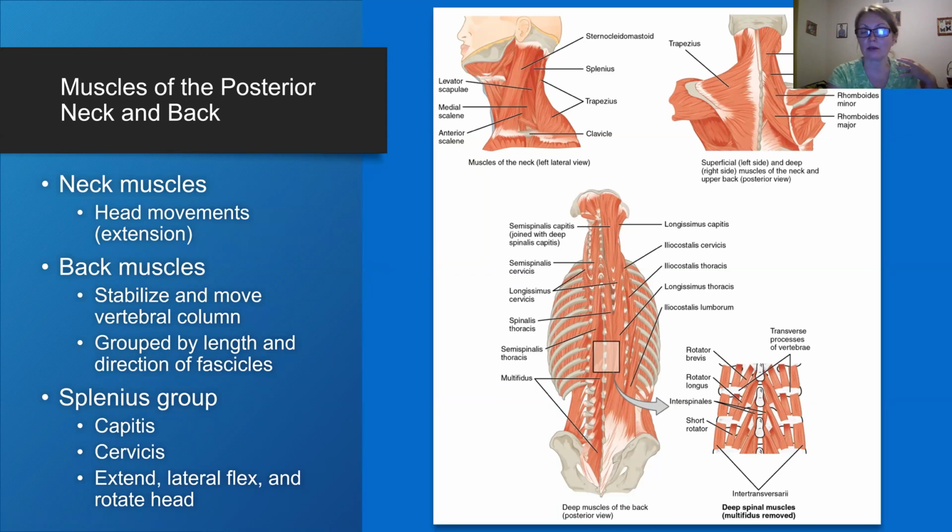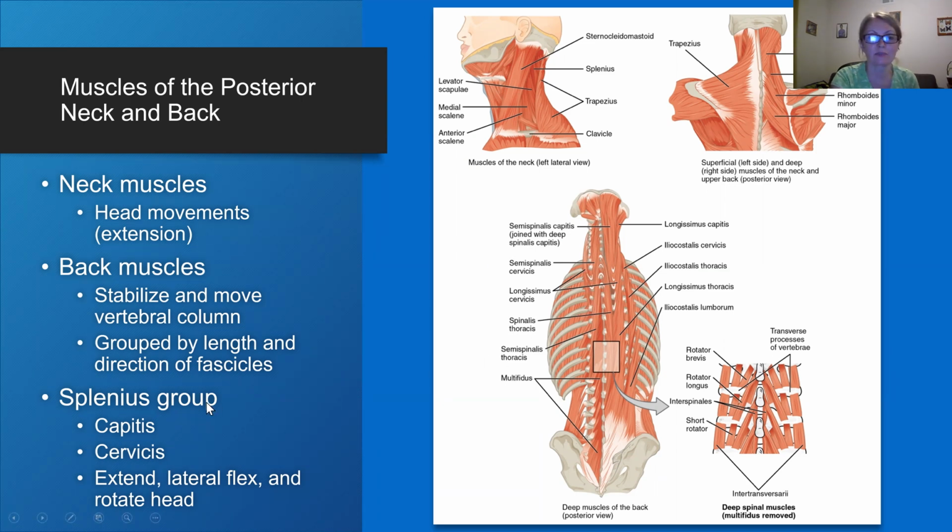Even posterior muscles like latissimus dorsi move your arm. Now we're specifically talking about muscles underneath all of these, underneath trapezius, rhomboids, and serratus posterior. Those muscles stabilize your vertebral column. So they're pretty deep muscles.